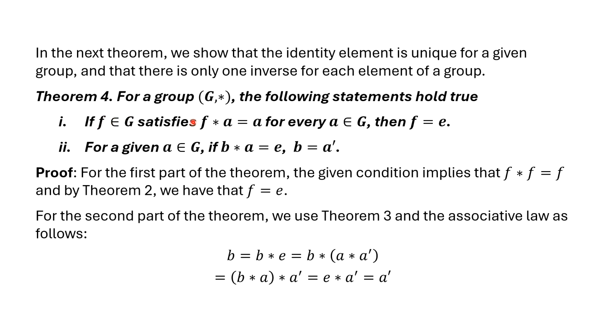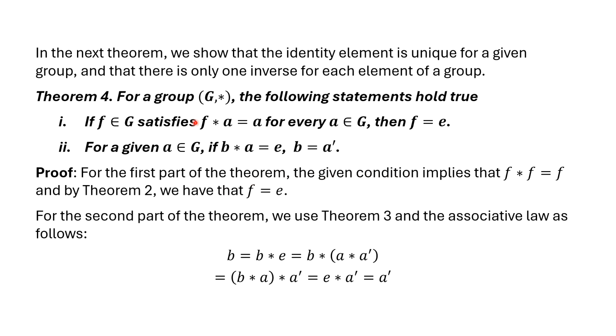If F, an element of G, satisfies F times A equals A for every A, then F is the identity. For a given element A of group G, if B times A equals the identity, then B is the inverse of A.